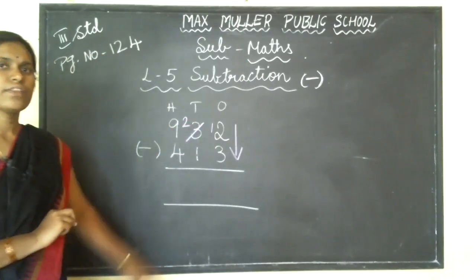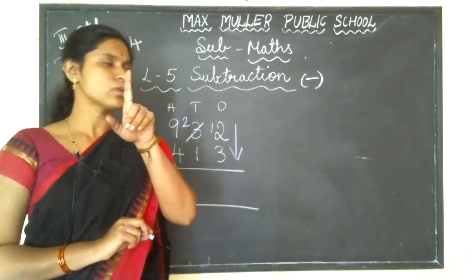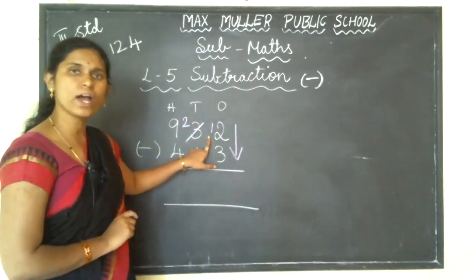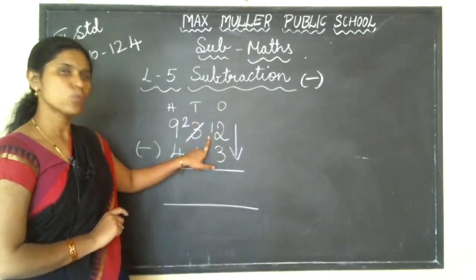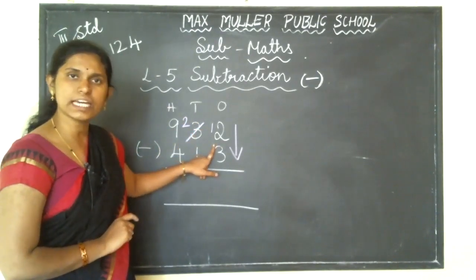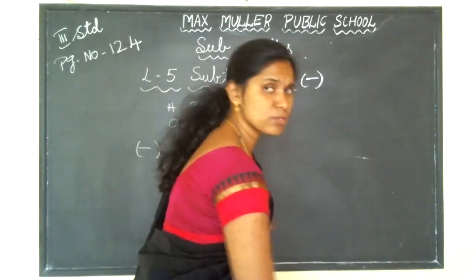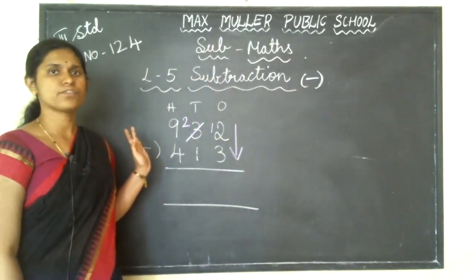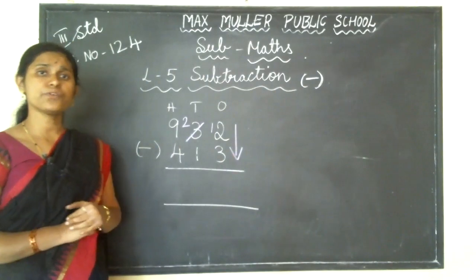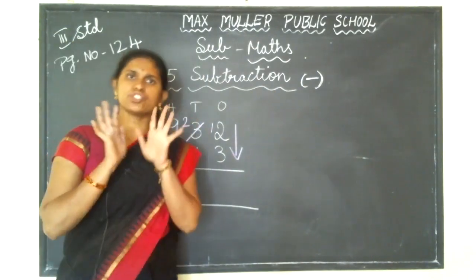Understood, all of you? This one, I will carry to the ones place. Now how much is there? 12. From 12, you have to minus 3. How will you do this one? Do you have 12 fingers?